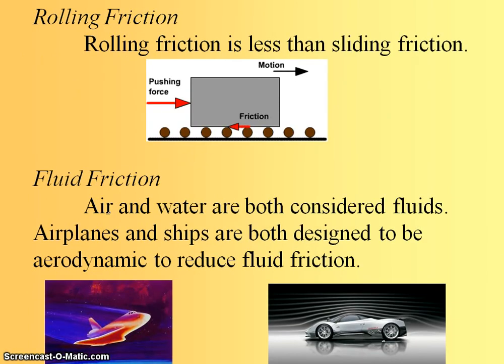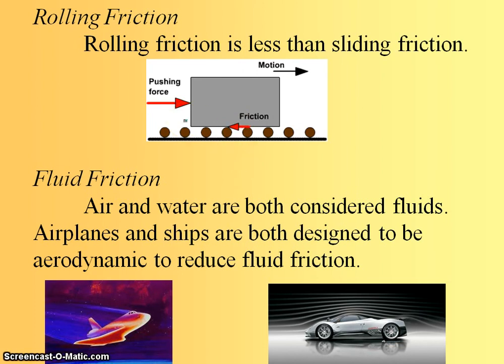Rolling friction is a lesser amount of force than sliding friction. It's easier to roll things on wheels, right? It takes less force. So rolling friction is less than sliding friction.